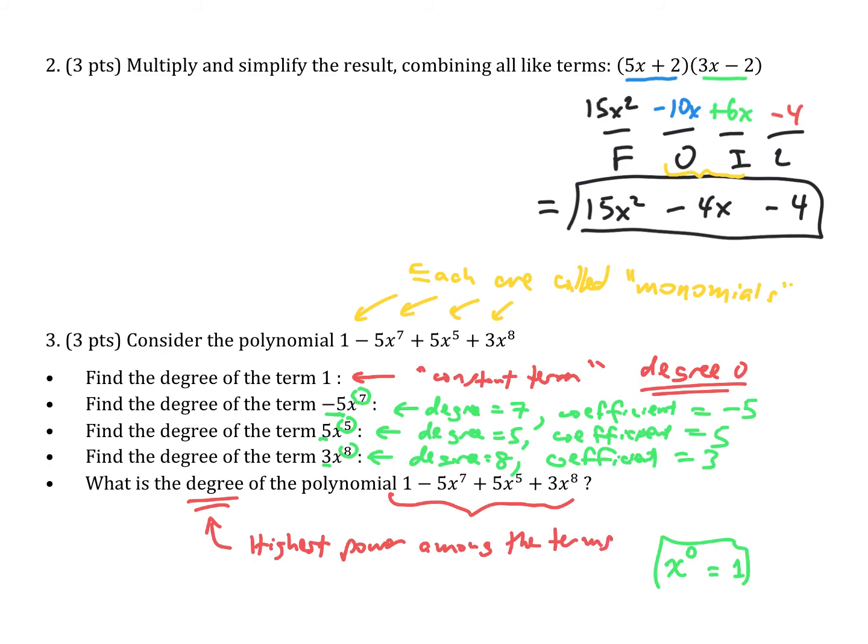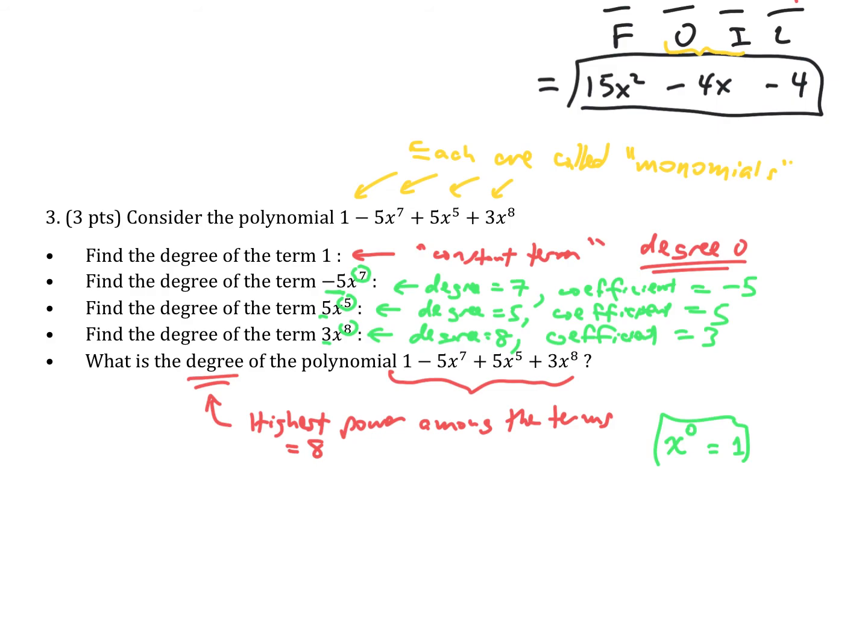So the highest power among the terms that we see in this case would be 8. So we would say this is an 8th degree polynomial because the highest degree that we see in any of the terms is 8. So it's not necessarily the first exponent that we see, the first power we see, it's just the highest power that we see.